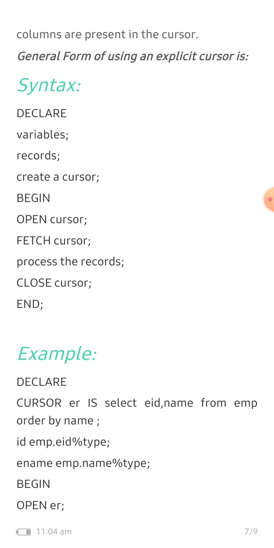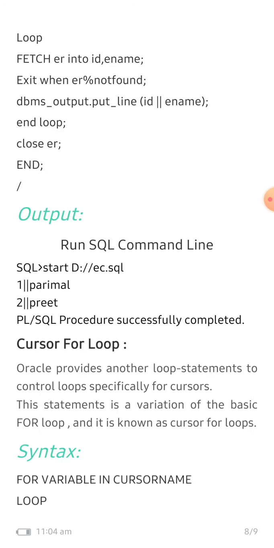Now begin, open cursor, loop, fetch into ID, ename, exit when cursor%notfound, DBMS output put line ID, ename, end loop, close cursor and end. Now we can see the output. Run SQL command line. There are Parimal and Preet. There are two records found and our procedure is successfully completed.